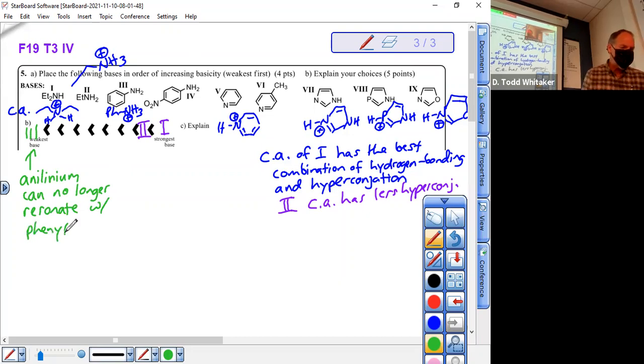There's no lone pair on it. Originally, there was a nice lone pair. I'm going to just put it on there. That lone pair can resonate with benzene, and once you put a proton there using that lone pair, you can't resonate with benzene.